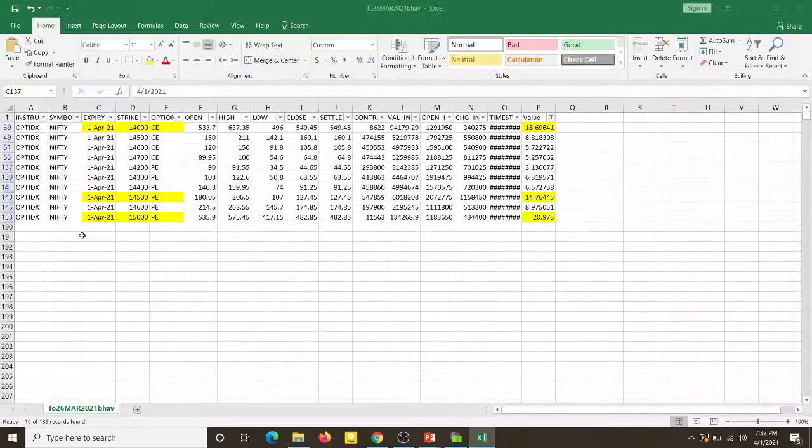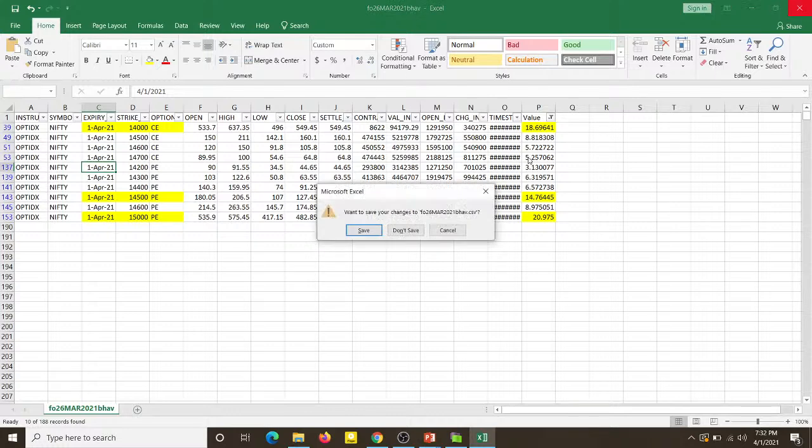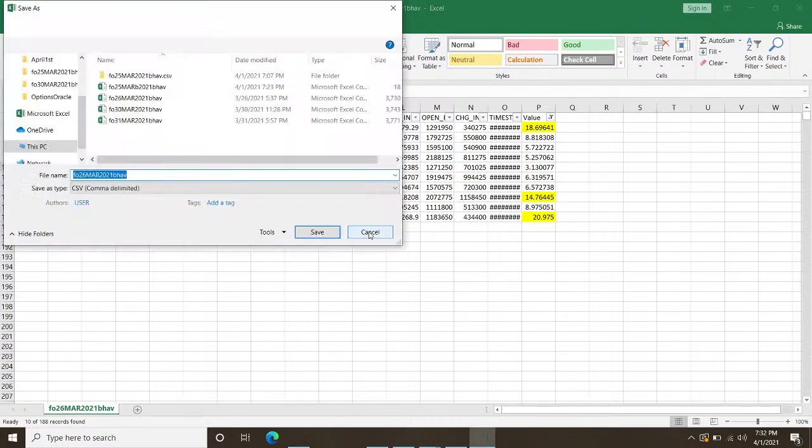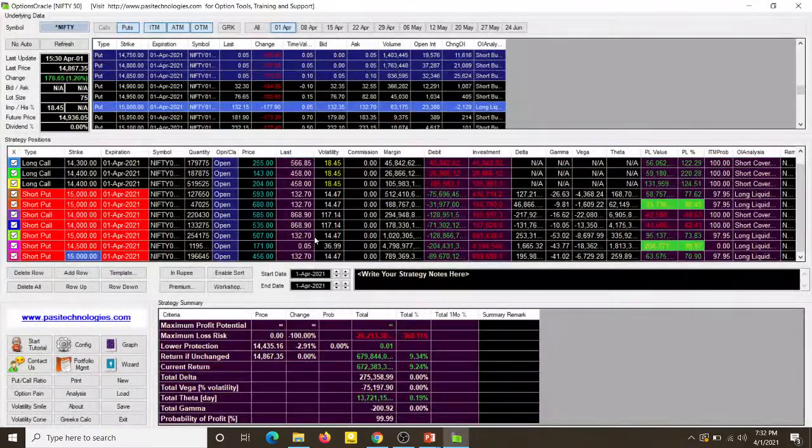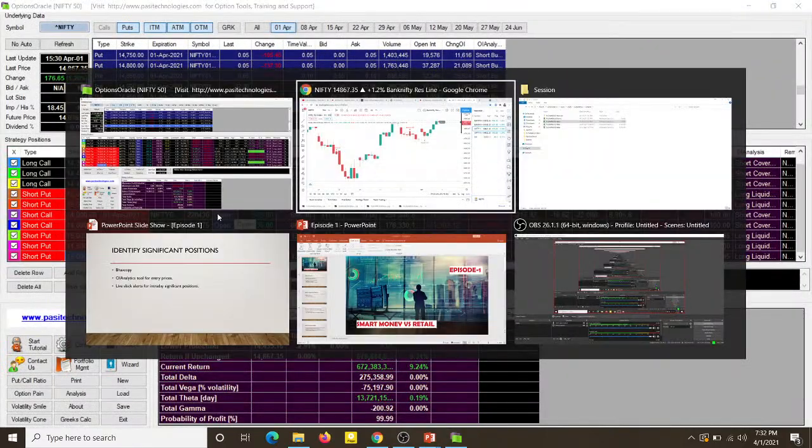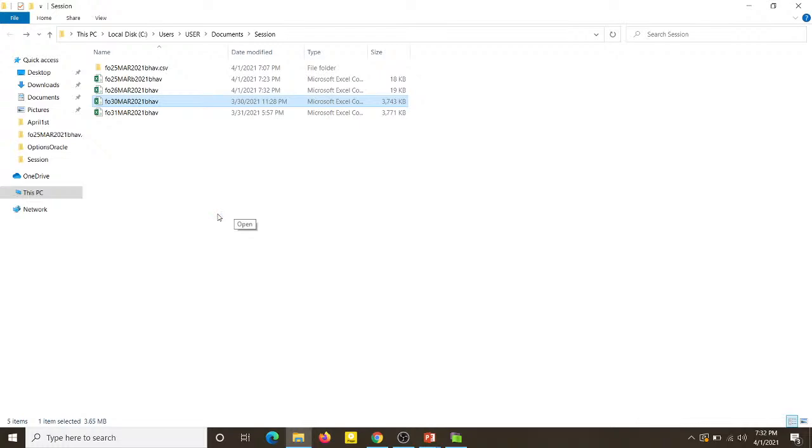Now let's move on to 30th March positions. This is a standard practice. It is not discretionary or something. It's a standard practice which you can follow, right? Yeah. So now let's move on to 30th March.